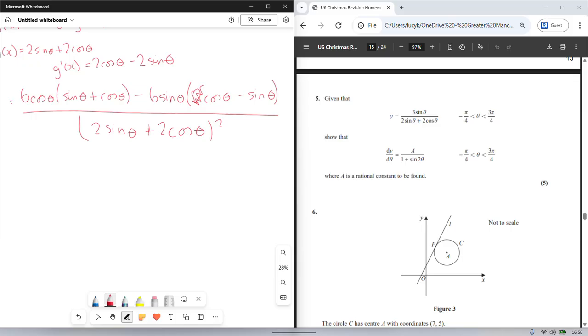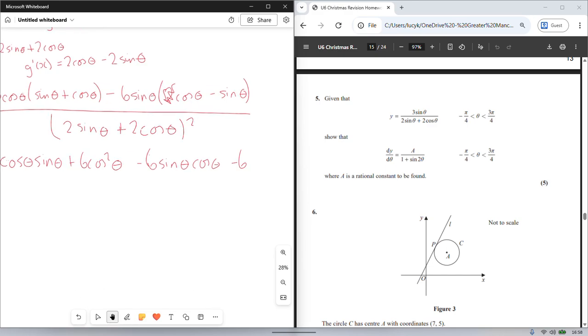So I'm going to end up with 6 cos theta sine theta plus 6 cos squared theta minus 6 sine theta cos theta minus 6 sine squared theta.